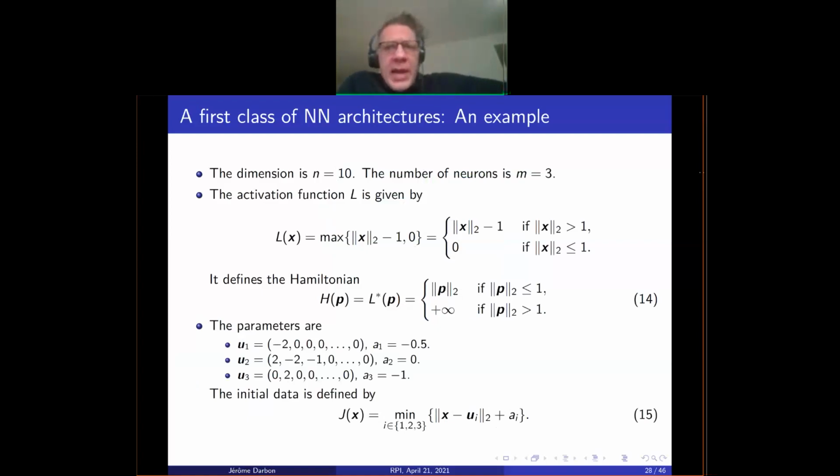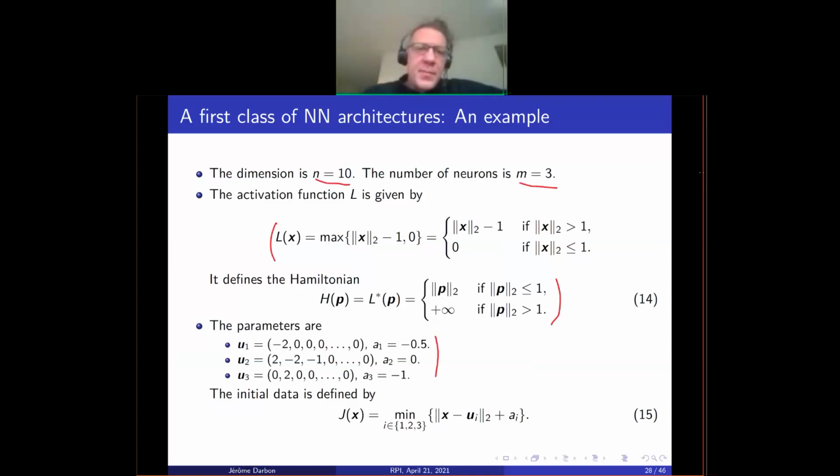Okay, I can give you, again, examples of what those neural networks can do. Here I consider the dimension n equals 10. I only consider 3 neurons per layer, and I can consider the following activation function L that gives me the Hamiltonian, which is the characteristic function of the L2 ball in R^n.